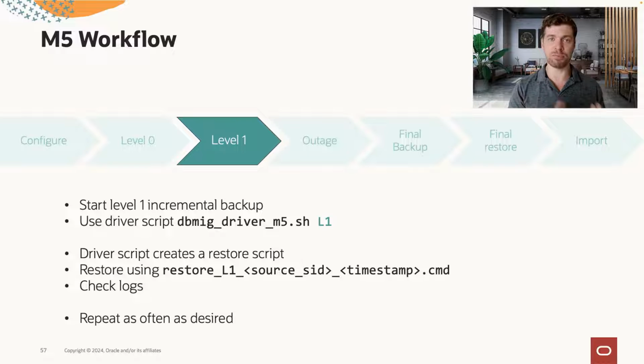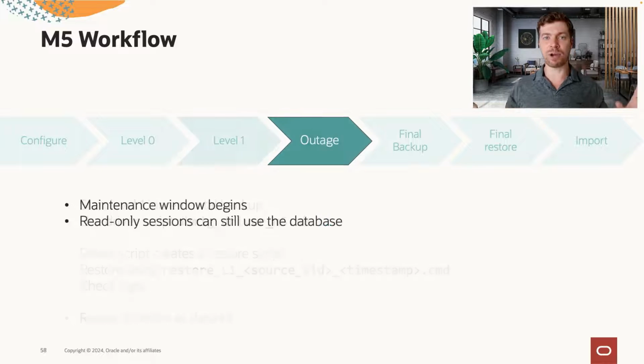So what the script will do is create the L1 backup sets, put them on the NFS shared mount point, and also create for you the restore L1 command that you need to execute on the destination server in order to restore those level 1s. So every time you take an L1 backup, you also need to restore those L1 backups in the destination server.